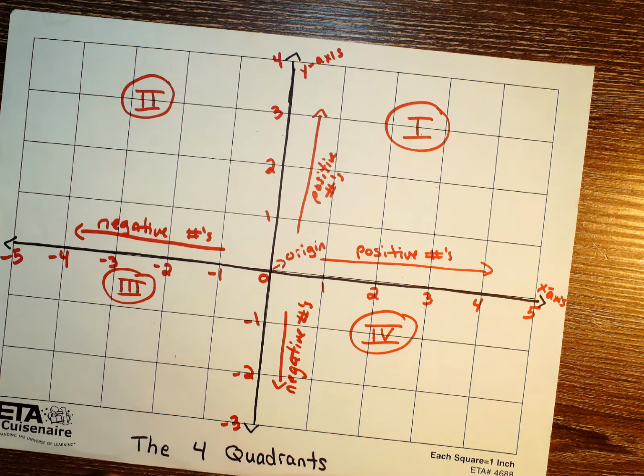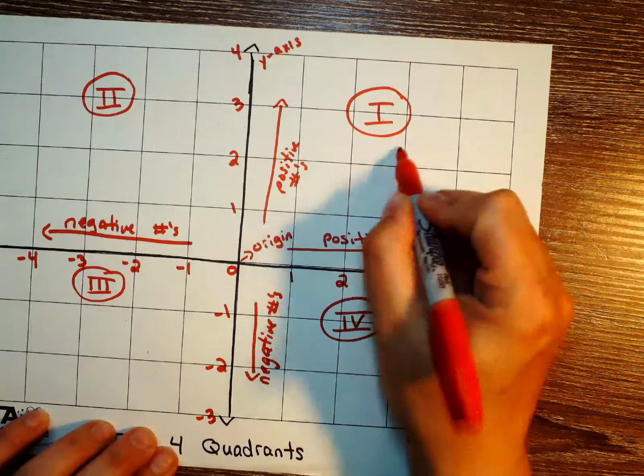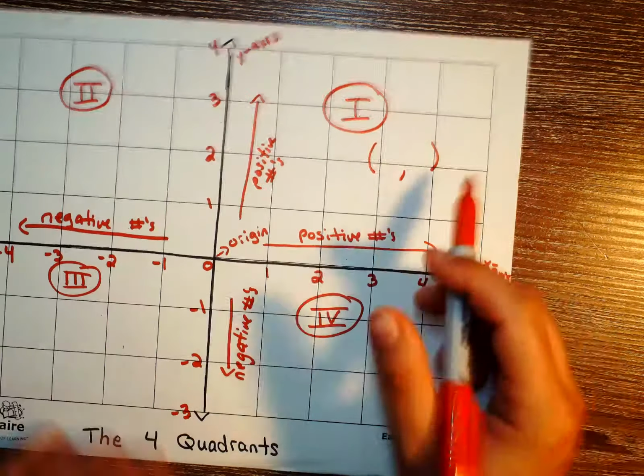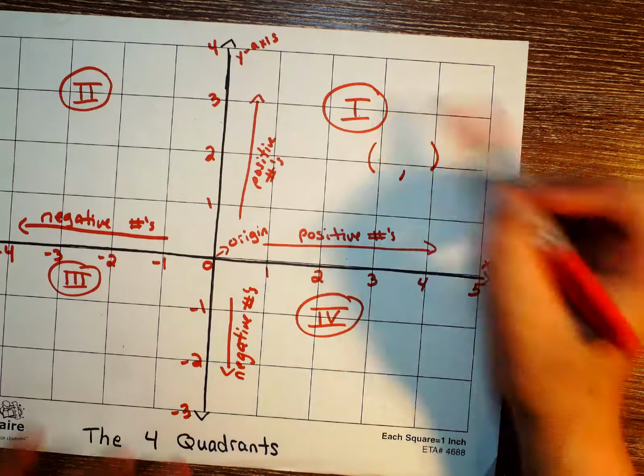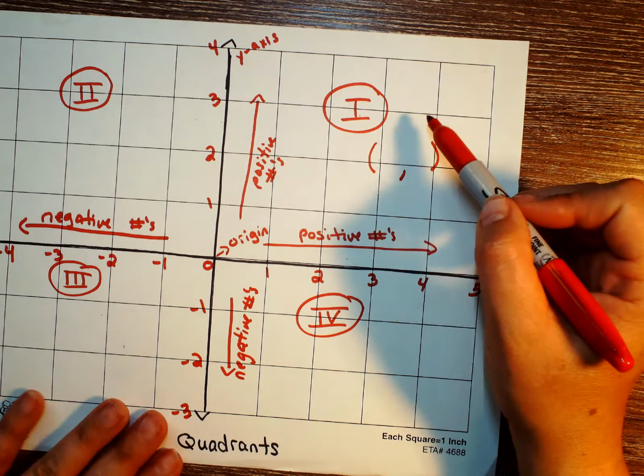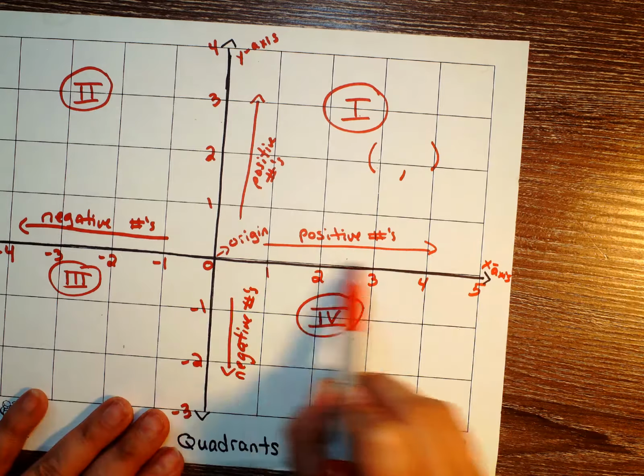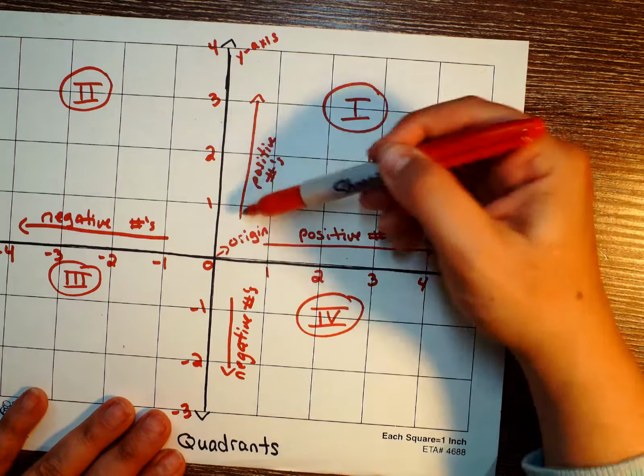Let's see what we're missing. We need to figure out our ordered pairs. Quadrant 1 is where all our X's are positive and all our Y's are positive.